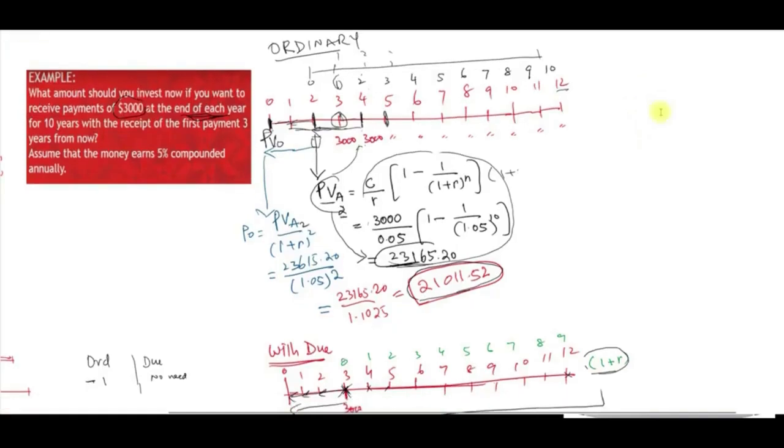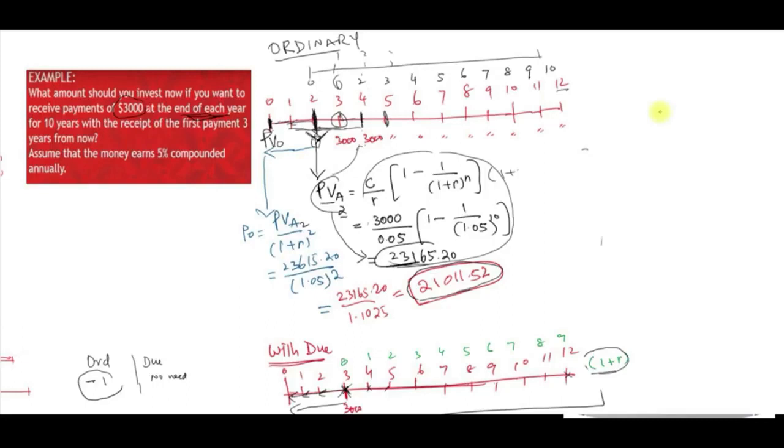Okay, remember, in the ordinary deferred case, you have to take 1 year less from where the cash flows are starting. If it is starting at 3, take 1 year less, so your answer would be at year 2, and the number of years would not change in both cases.